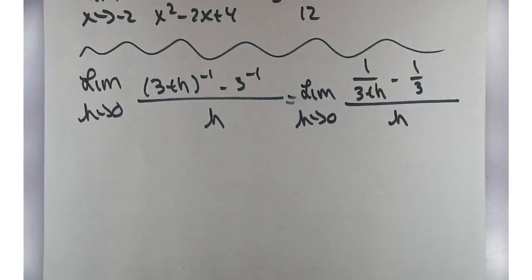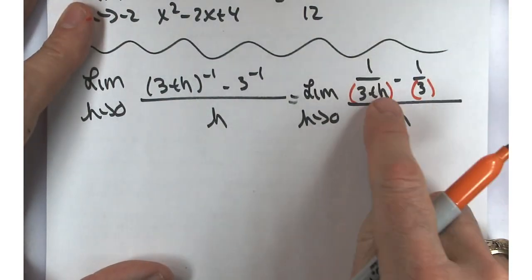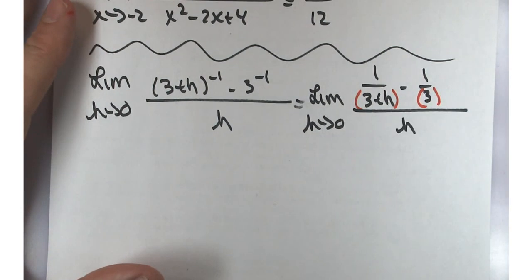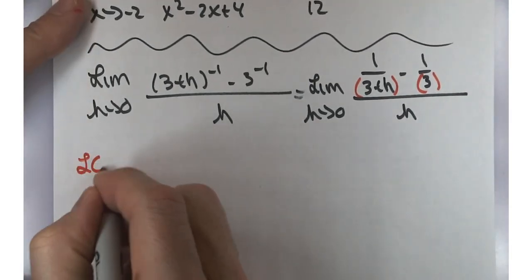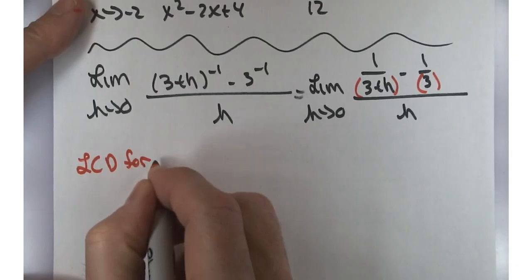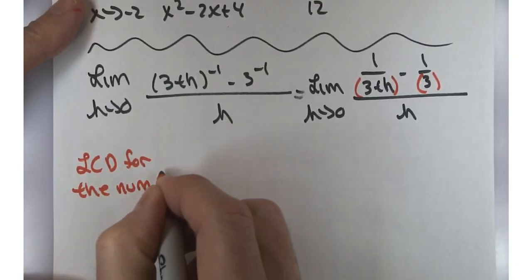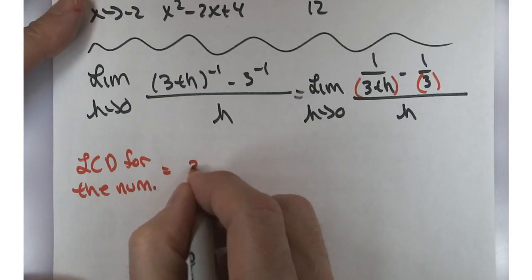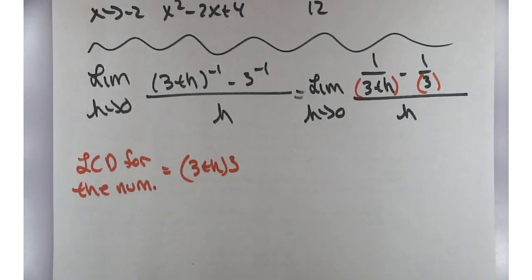Both of these are separate denominators, so the LCD for the numerator is 3 plus h times 3. We need both factors there.